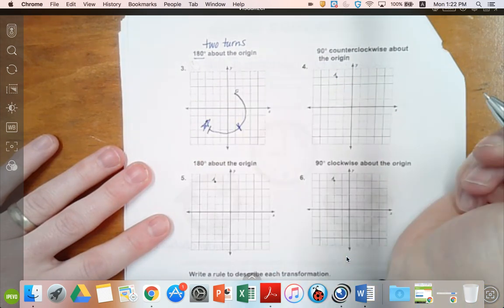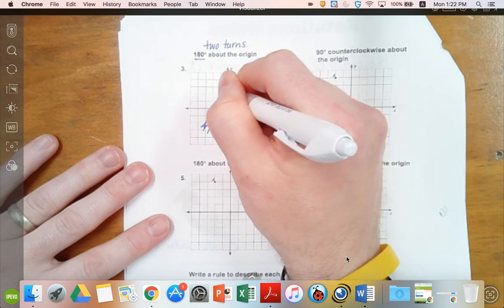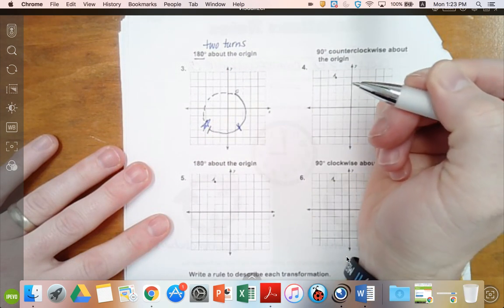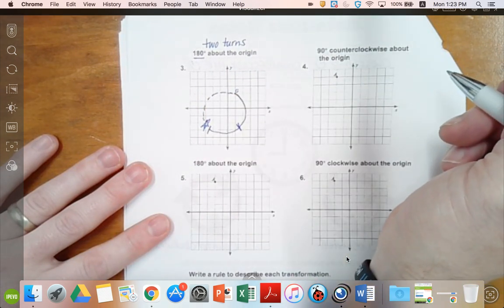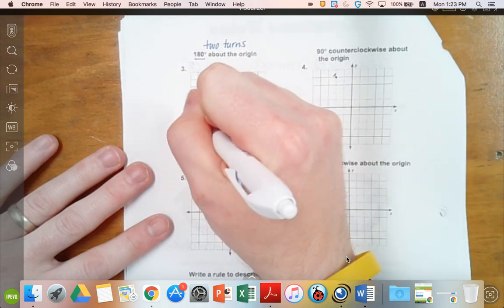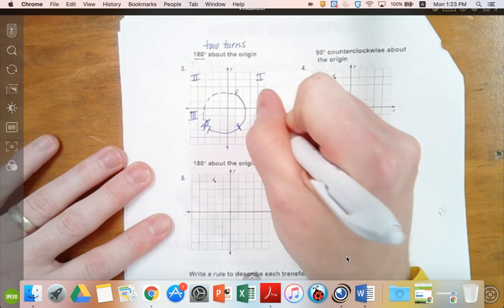So I'm right there. But what if I go counterclockwise? I'd have 1, 2. So it takes me back to the same spot, 180. So 2 turns, 180, and there I am. I'm in quadrant 3 here. There's quadrant 2, quadrant 1, quadrant 4.